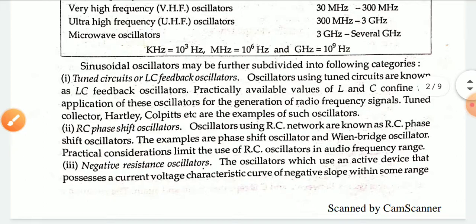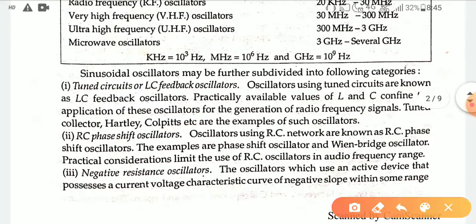Sinusoidal oscillators may be further subdivided. That is, the sinusoidal signal generator can be classified into the tuned circuit or LC feedback oscillator, RC phase shift oscillator, negative resistance oscillator, and the crystal oscillator. The LC feedback oscillator is used to generate the frequency.